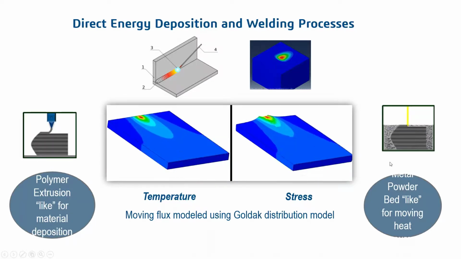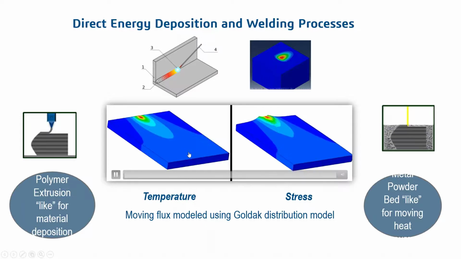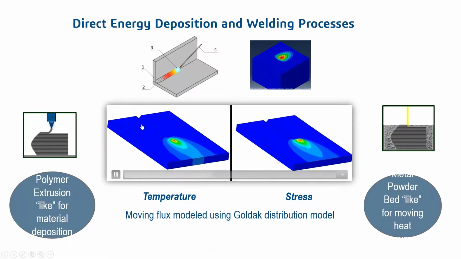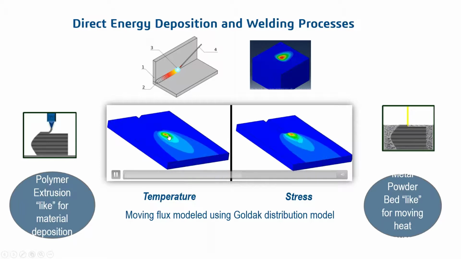The heat is subsequently also distributed into the mesh, following a path of the heat source, which in the case of welding, a flat plate like this, is relatively simple, just a straight line. We can prescribe the power of the heat source. We can also define the distribution shape.